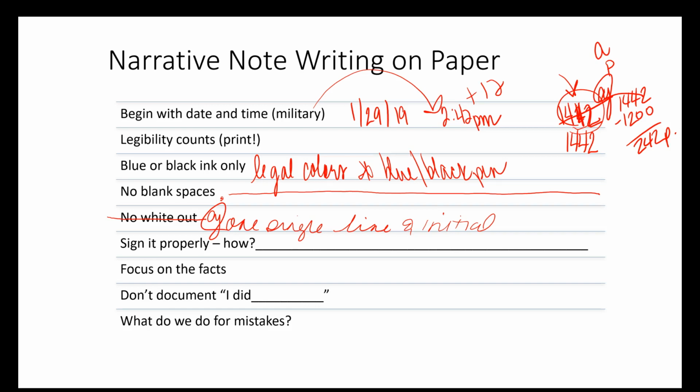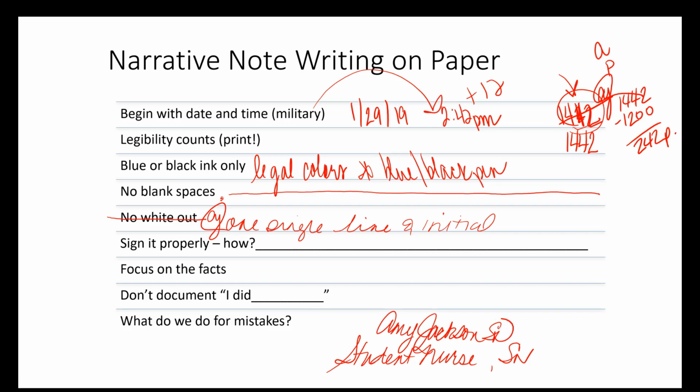In order to sign it properly, you sign your name with your credentials. Okay, you are, at least for the moment, known as a student nurse. That is abbreviated SN after your signature. So when I was a student nurse, my name was Amy Jackson, SN.